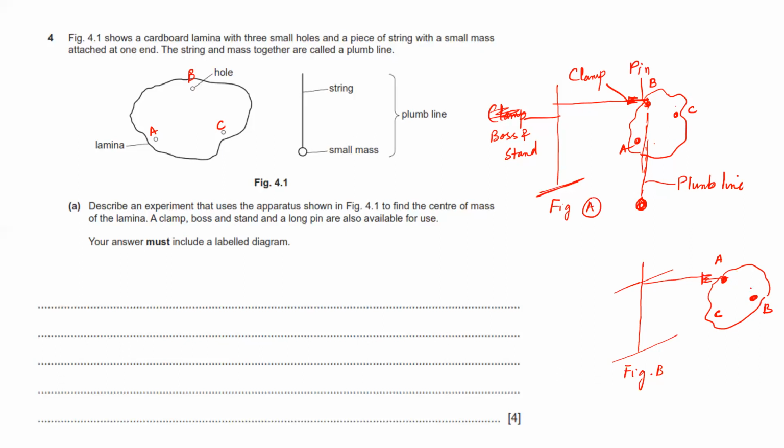So with A, you will see that your plumb line will be like this. So, again, draw the line on this, from where the plumb line is going, and these two lines from B and A will intersect, and the point where these two lines intersect will be the point of center of mass.